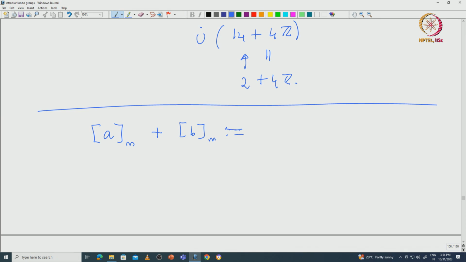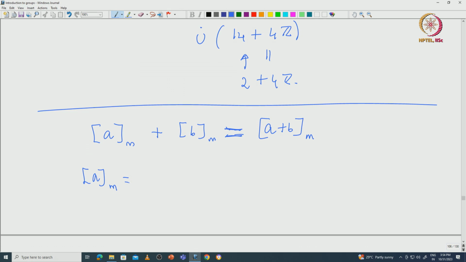So you are tempted to define this to be equal to [a+b]_m. And if you think about it, this is actually well defined. What is the meaning of well defined?